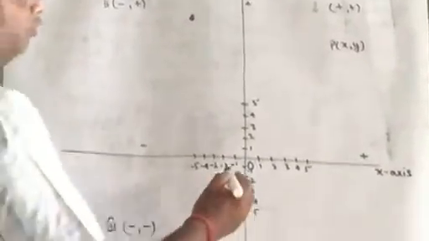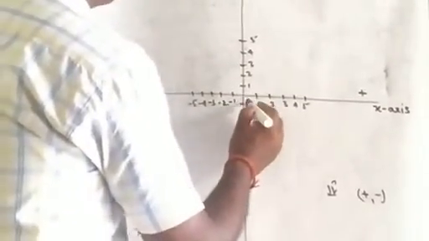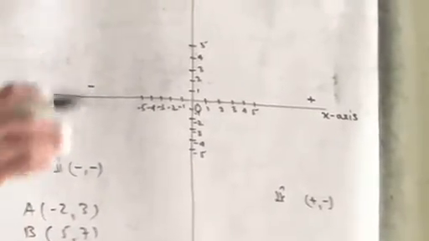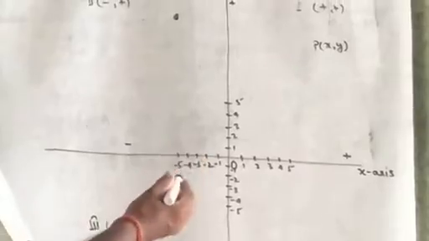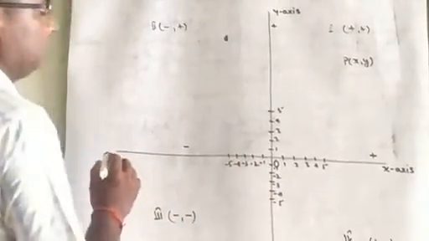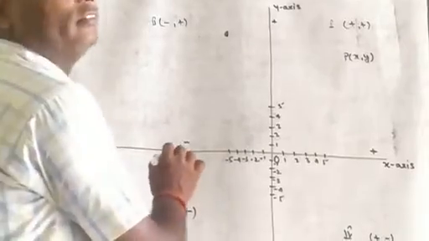When we move to the right side from the origin on the x-axis, the values are taken positive, and when we move to the left side from the origin on the x-axis, the values are taken negative.